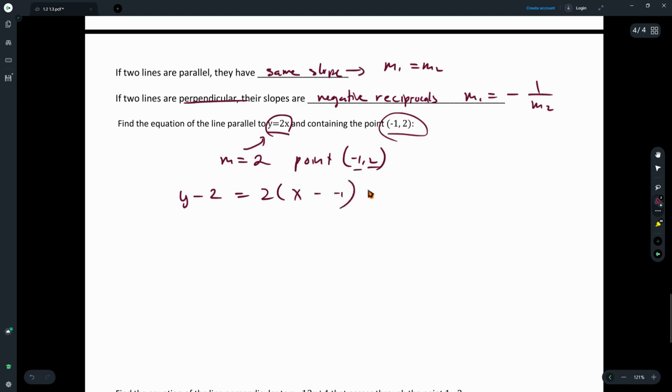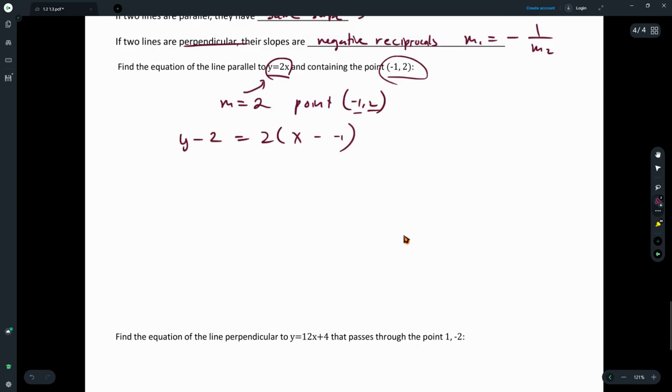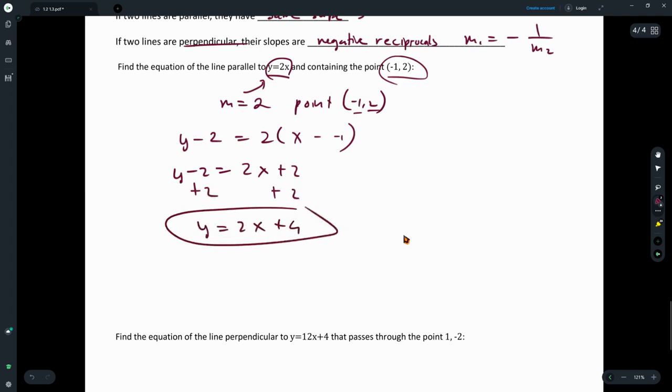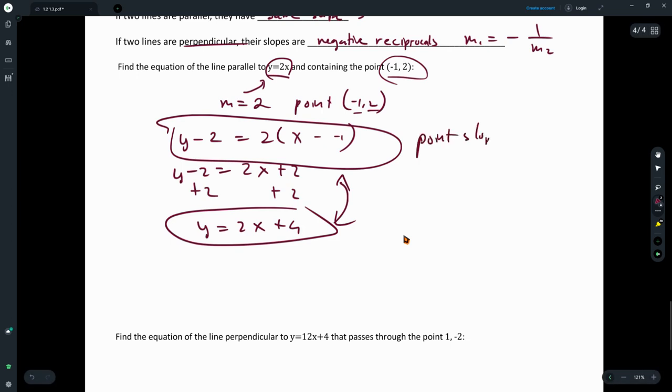Well, there's your equation. Again, if you want to convert this to slope intercept form, you multiply it in. This becomes a positive, so plus 2, and then add 2 to both sides. y is equal to 2x plus 4. Either way, both of them are the same thing. This is point slope. This is slope intercept.